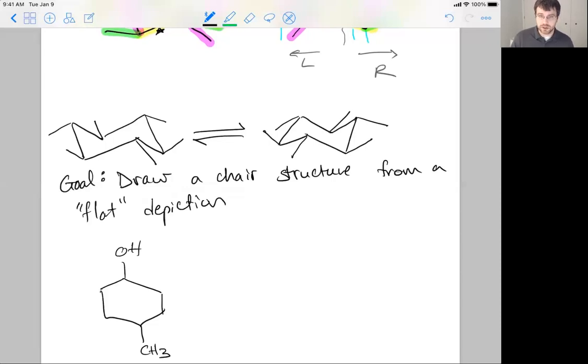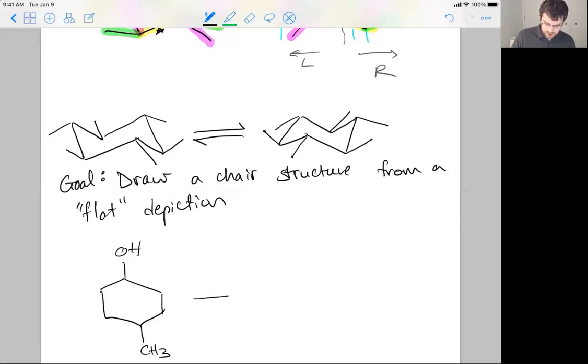If you've seen the functional groups part of the lab this week, excuse me, the IR lab, which I guess is this week as of recording, last week, whatever. Okay, you get it. So I've got these just two things hanging off of my 6-membered ring. And so what I want to do is draw a chair structure.